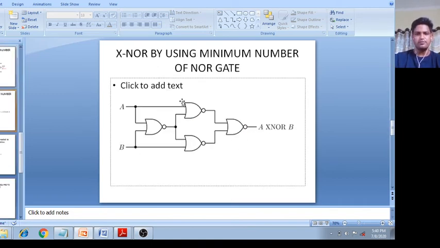Only 4. 1, 2, 3, 4. Just replace. Dual of NAND is NOR, so replace NAND by NOR, and you have to implement XNOR, so replace XOR by XNOR. So only 4 gates are required.